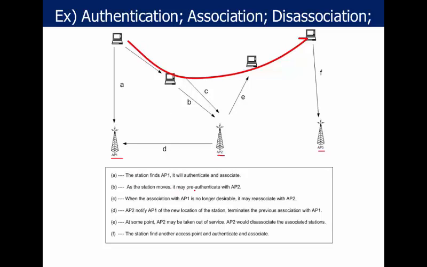It may pre-authenticate with AP2, because it is getting away from access point 1 and has already received distribution messages from AP2.